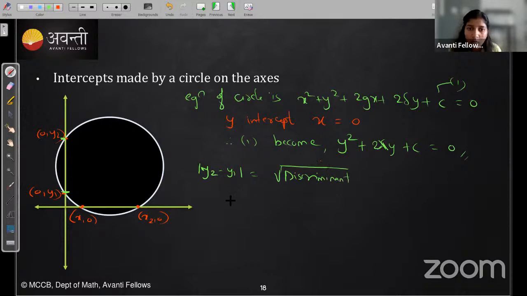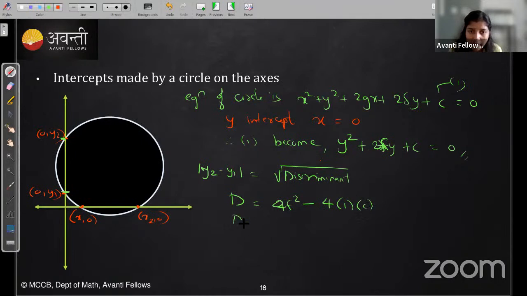Fine. So what is D here? What is the discriminant of this equation, y square plus 2fy plus c equal to 0? It will be b square, that is 4f square minus 4ac. A is 1, c itself.